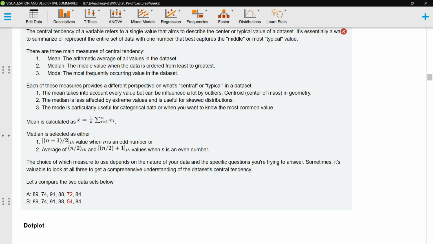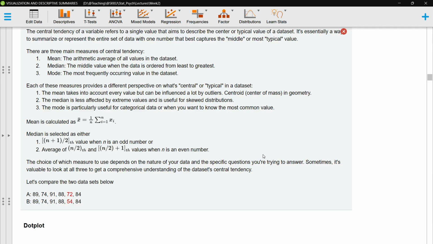So if your question is about the middle in terms of the location or the order, you want to use a median instead of the mean, something like that. So it depends on the types of the question and answer. Okay, sometimes it's valuable to look at all 3 to get a comprehensive understanding of the data set's central tendency.